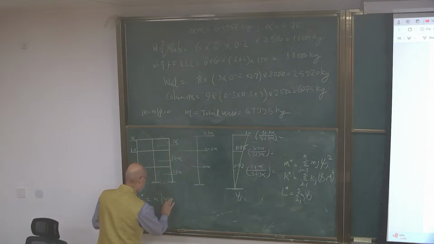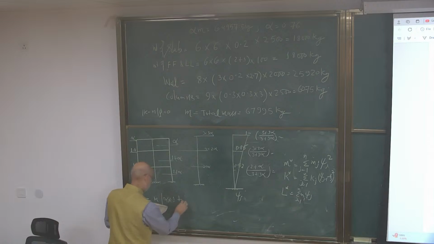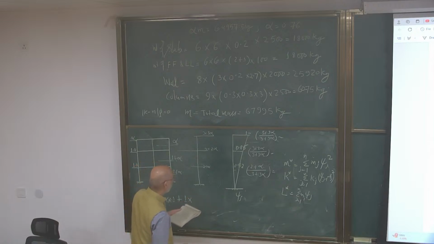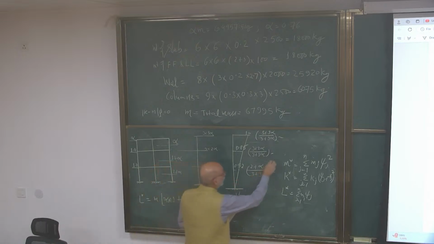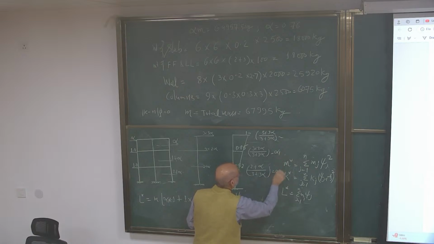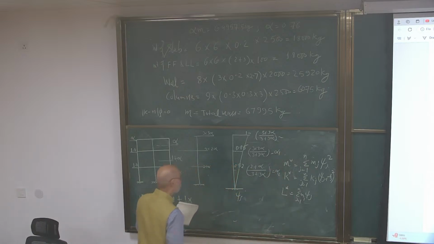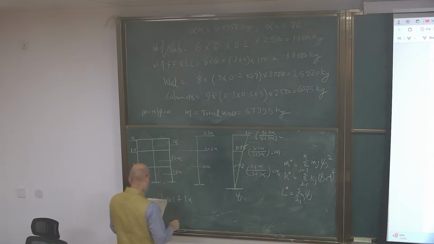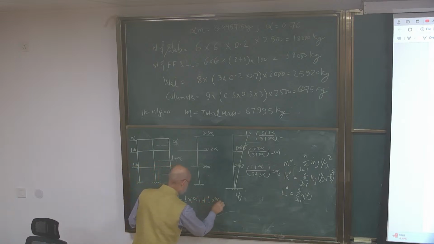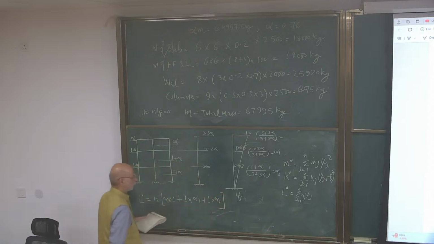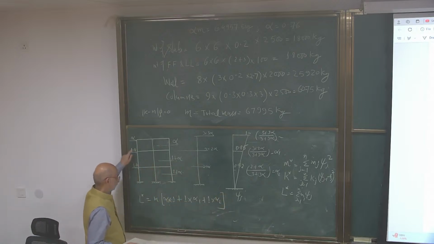So M is 1. Second one is, I took this as alpha 1, just you calculate. Top one is 1. This is mass M1, this is 1 mass, alpha mass, okay?